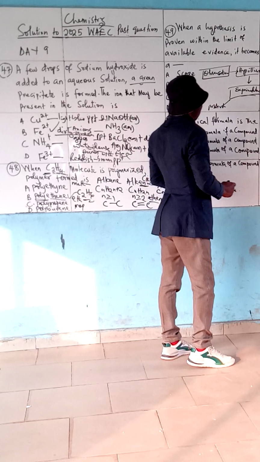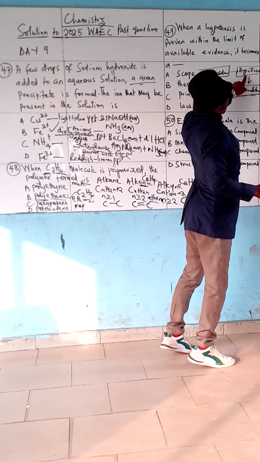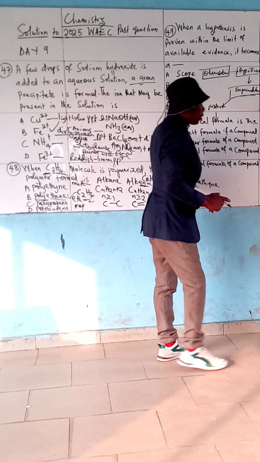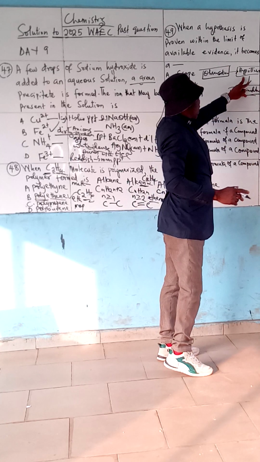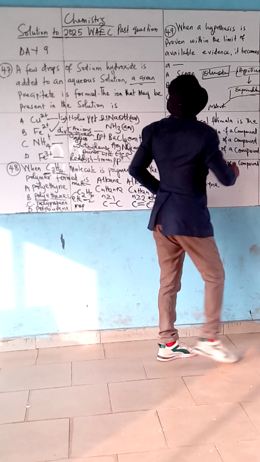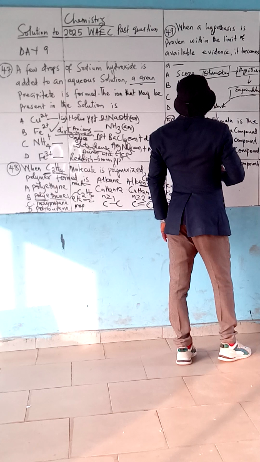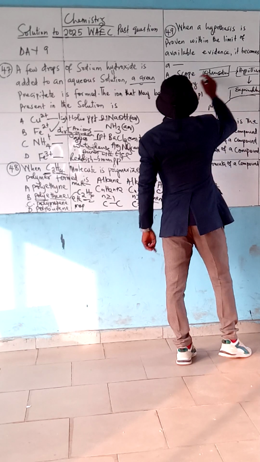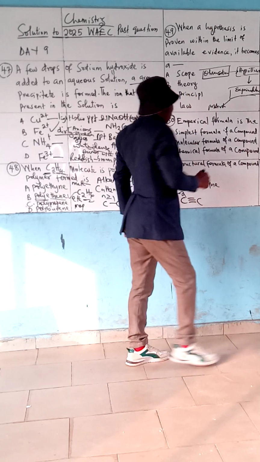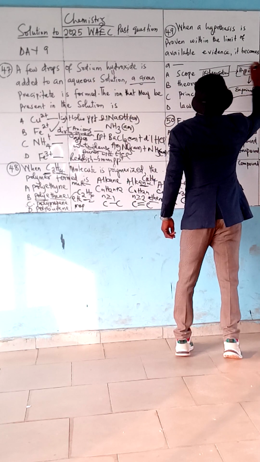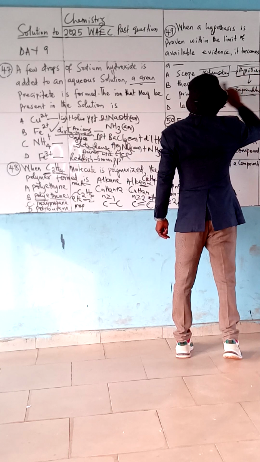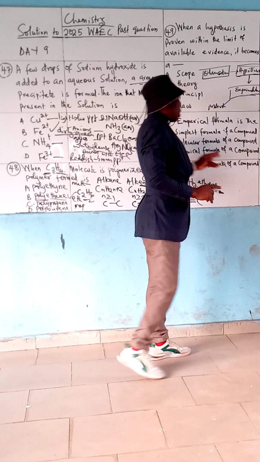That conclusion is a statement that confirms the hypothesis after being tested within the limit of available evidence. If the hypothesis has been tested and proven correct within the limit of available evidence, it becomes a theory. But if the hypothesis has been extensively tested and proven true without any exception, it becomes a scientific law.